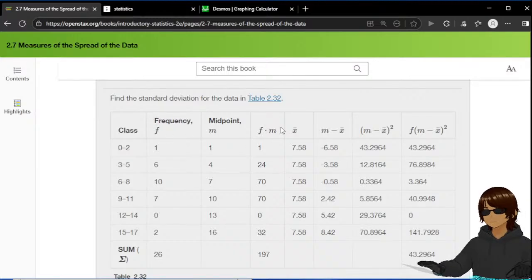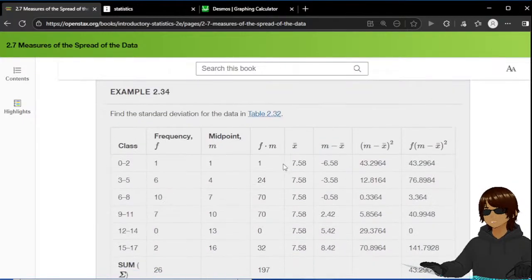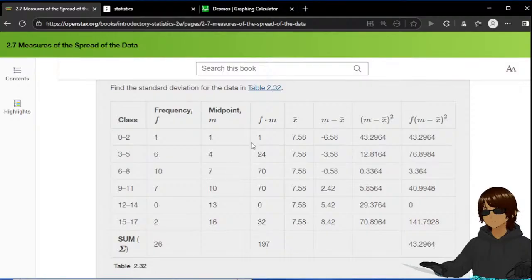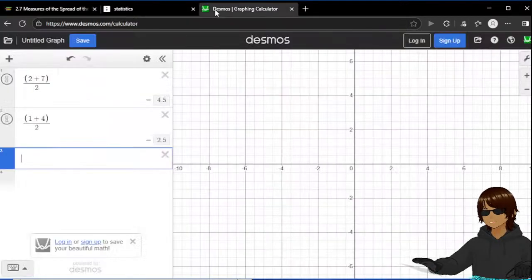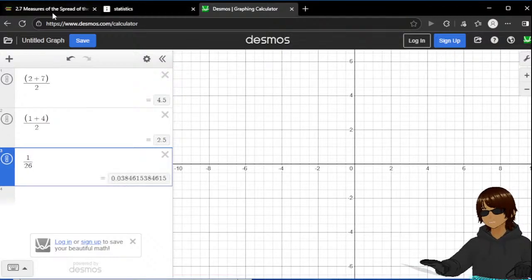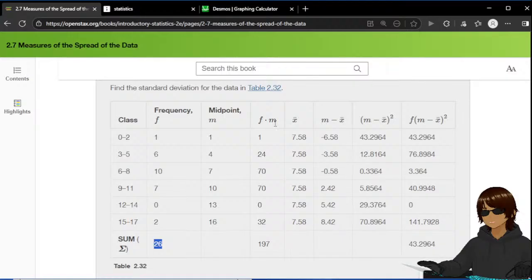Frequency, fm, delta. How did they calculate this? 7.5. Oh, but this is just the mean calculated using this formula, fm divided by the total, right? So 1 by 26.